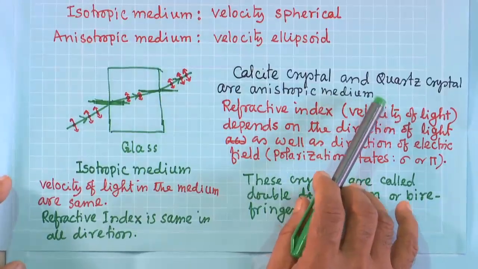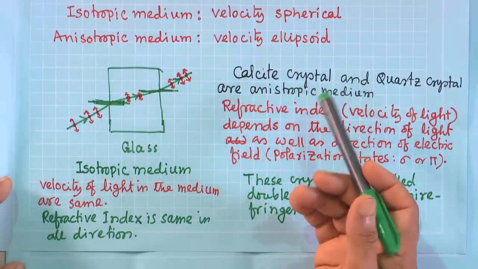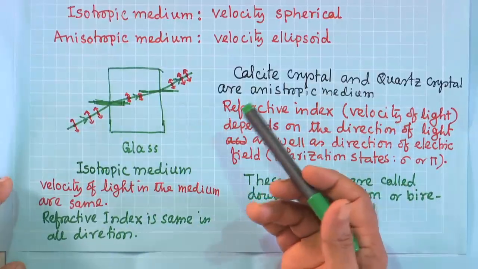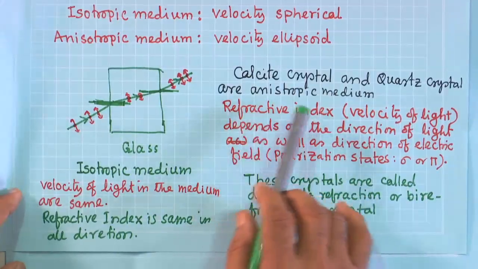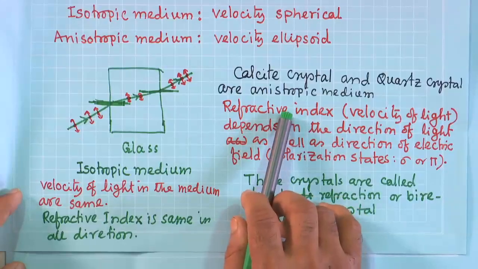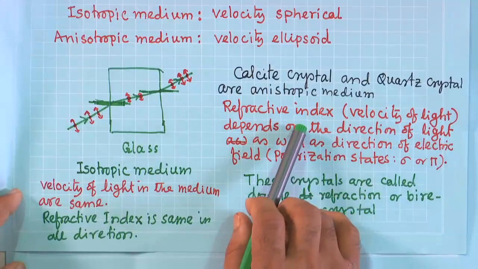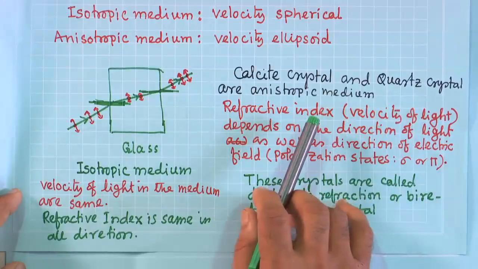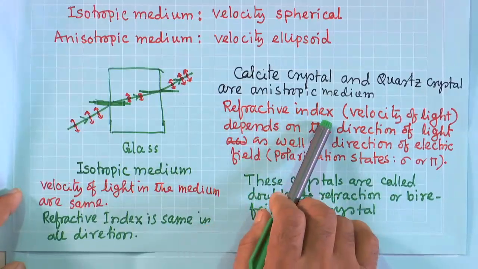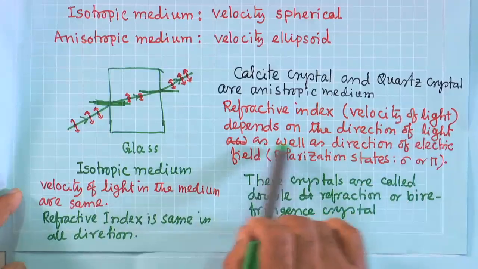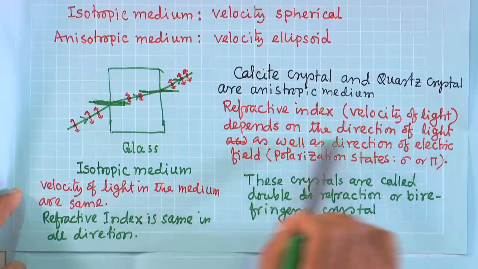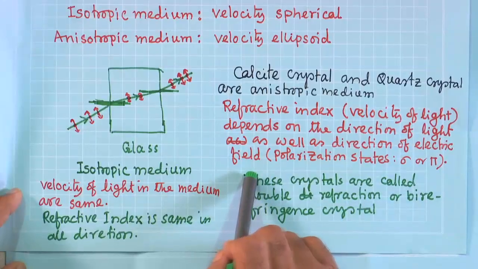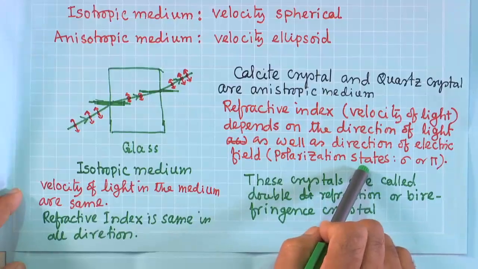So, it is an anisotropic medium. Velocity depends on the refractive index, which is defined as the velocity of light in the medium with respect to the velocity of light in vacuum. So, the velocity of light depends on the direction of light as well as the direction of the electric field, which is the polarization state.